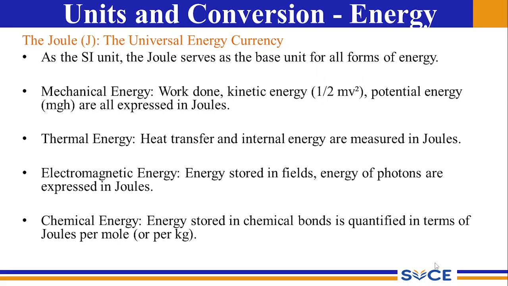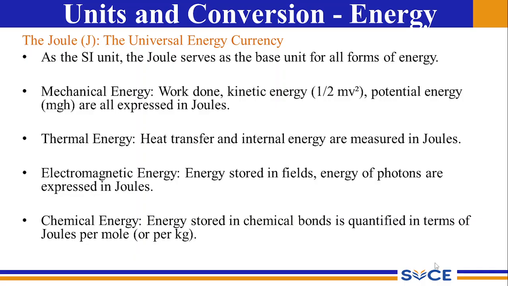First and foremost, the joule. For mechanical energy, most systems use this. Work done, kinetic energy, and potential energy are all expressed in joules. When you're talking about heat energy, that is thermal energy, again most industries use joules.